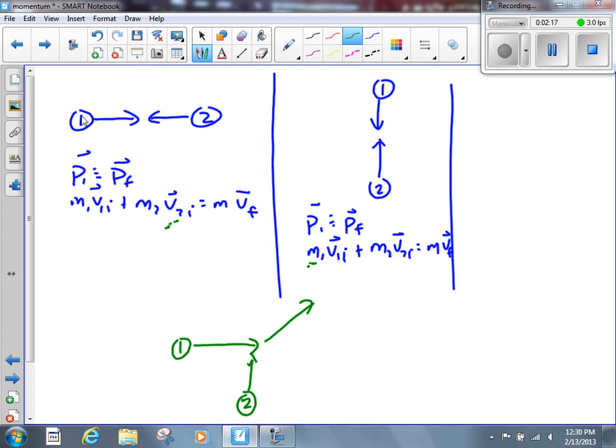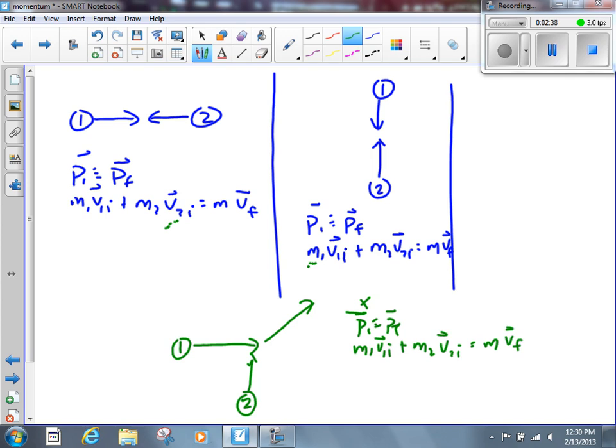The first problem will be our x component. For our x component, we will say Pi is equal to Pf. We will say M1 V1I plus M2 V2I equals MVf.